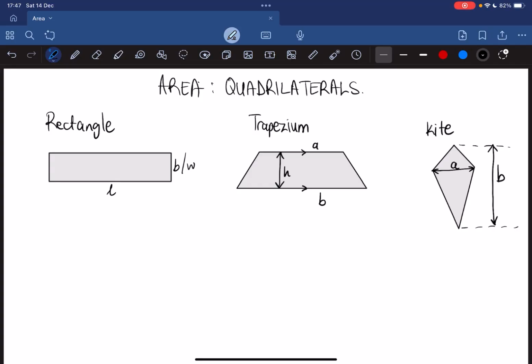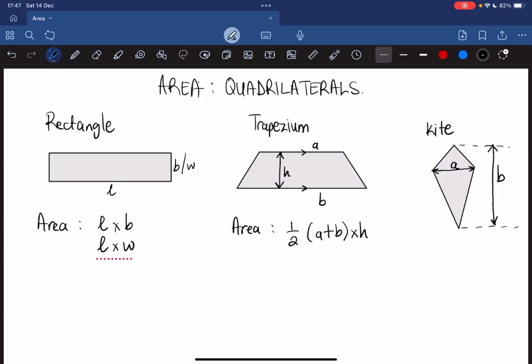The formula for finding the area of a rectangle is length times breadth, or some know it as length times width. When we're looking for the area of a trapezium, we say 1/2 multiplied by (A plus B) multiplied by H, which is the height.